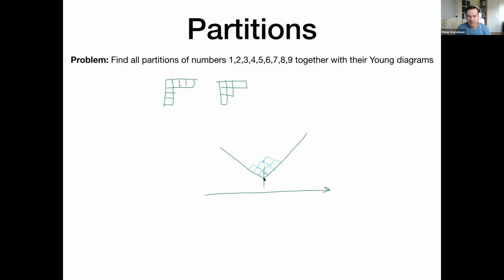And the reason why you do this is because you would then want to project those down onto this horizontal axis and do some counting. Right? For example, here you can count how many blocks you have in each of those projections. You'll have 1, 1, 2, 2, 1, and the partition itself is, well, depending on how you look at this, is 3, 2, 2. So there are various ways to look at those Young diagrams.